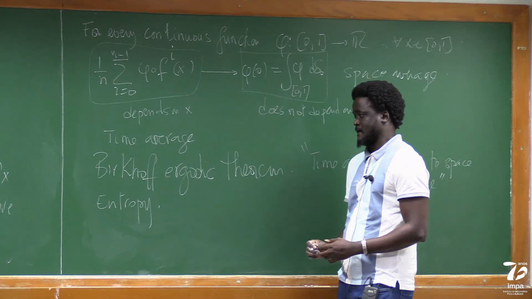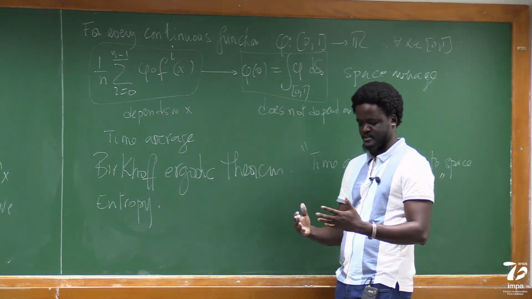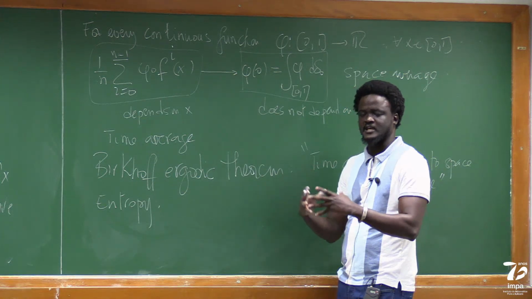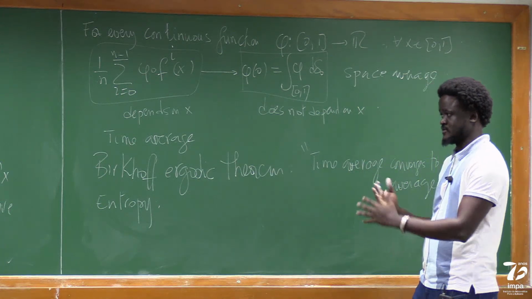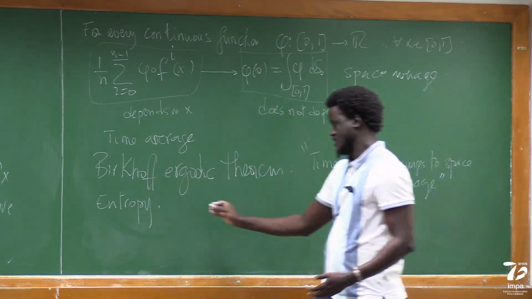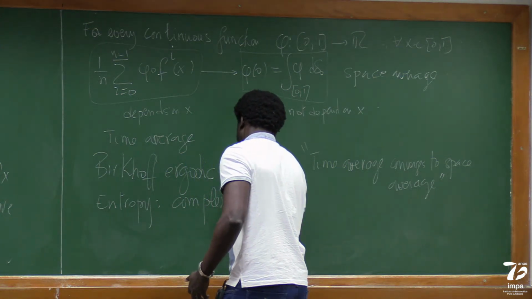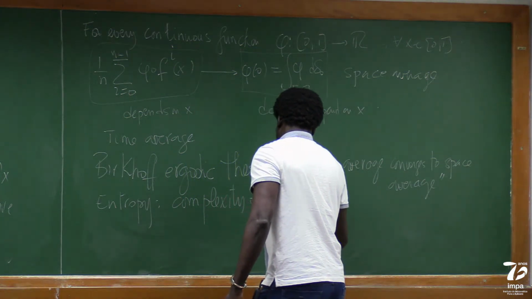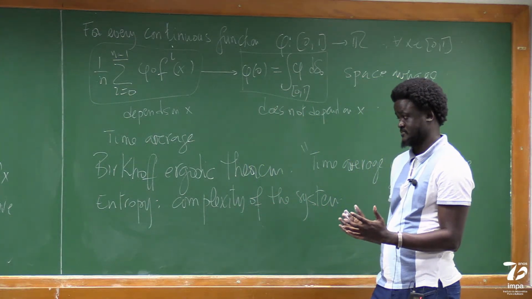We have positive entropy and zero entropy. Positive entropy says that you have a chaotic system. Zero entropy, sometimes it's difficult to study, sometimes it's easy, like this one. So entropy is a quantity that measures the complexity of the system.